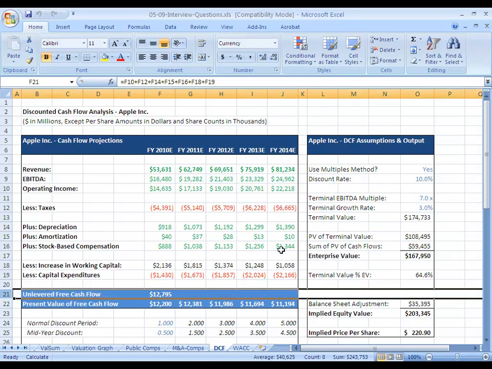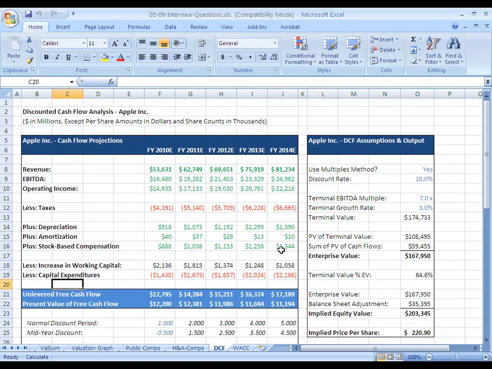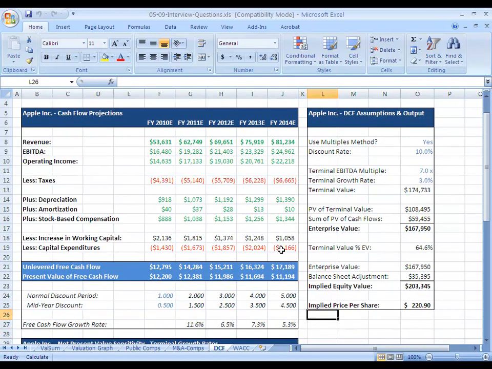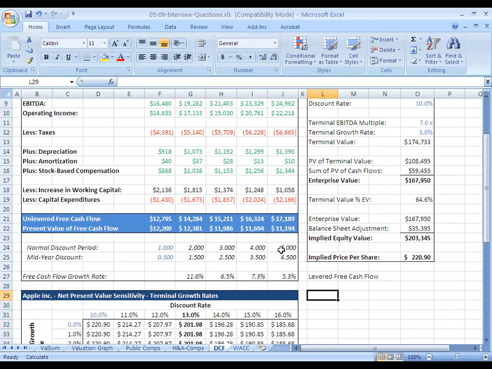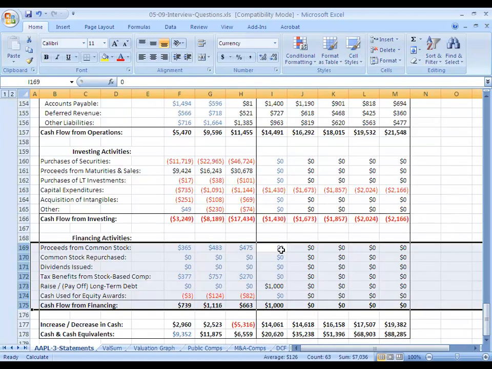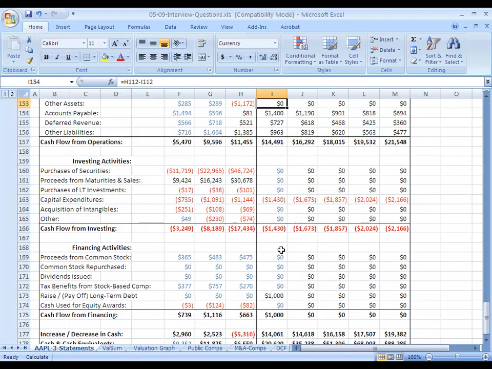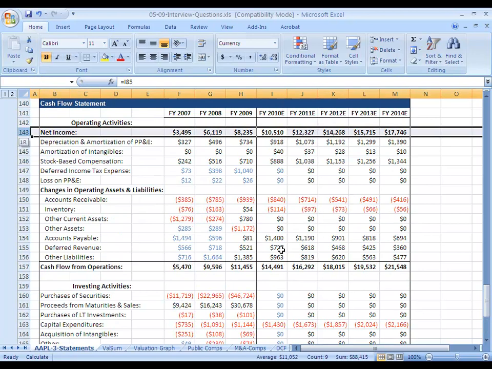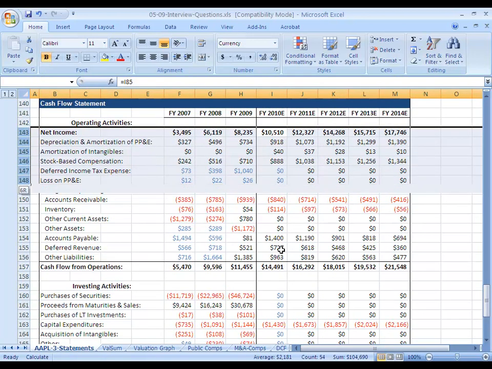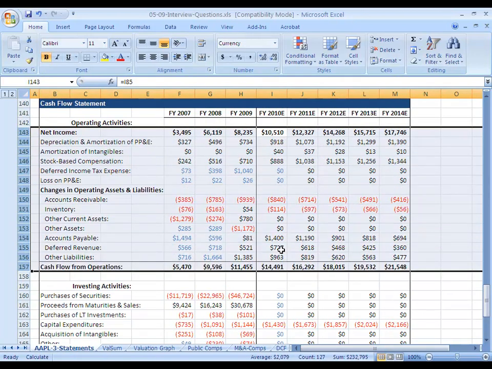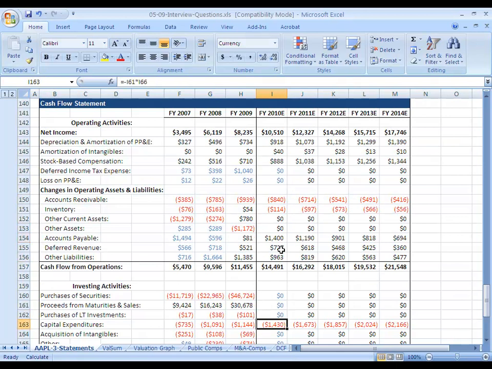A related question here is how do you calculate levered free cash flow? So if we were looking at levered free cash flow instead, how would we calculate that? There are really two ways you can do this. One way would be to go back to our three-statement model and simply start from net income here, go down to cash flow from operations, and just take cash flow from operations and subtract capital expenditures.